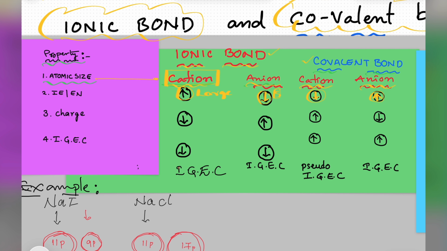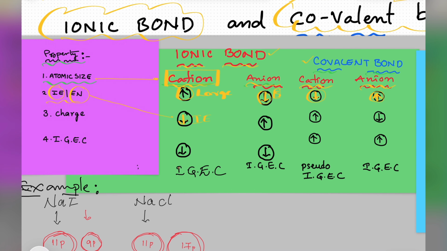So that is with respect to atomic size. Now one more very important property is IE, that is ionization enthalpy or ionization energy, followed by electronegativity. Ionization energy is for the cation, electronegativity is for the anion. For the cation, the IE value, ionization enthalpy, should be low.